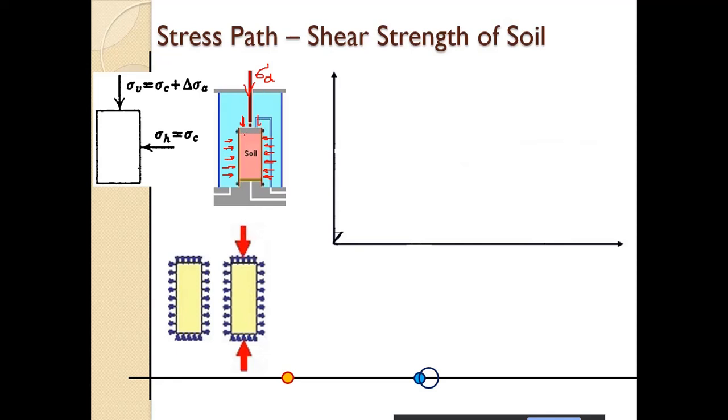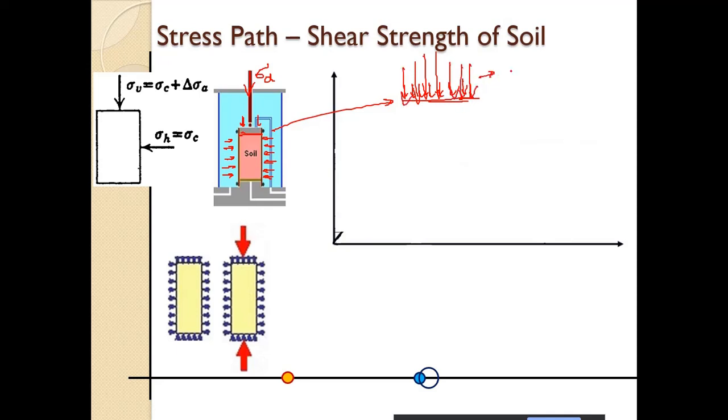So now on this plane, if I draw it in a bigger way, we have the sigma 3 from the water in the cell, the cell pressure, this is the sigma 3, alright. And apart from that we have the deviatoric stress as well.